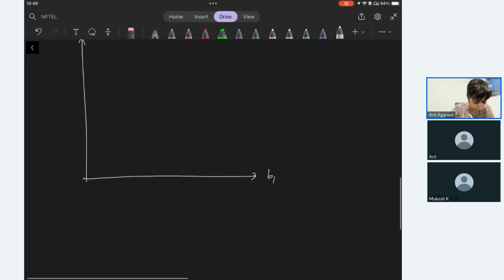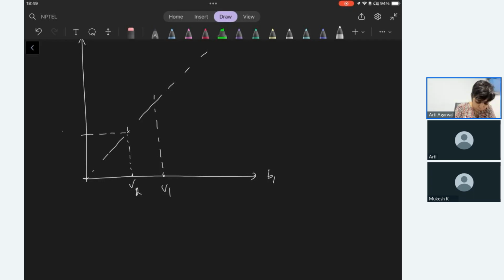What I'm plotting here is going to be a bit rough because it's not easy to get this perfectly in a manually drawn diagram. Just for explanation purposes, the proper diagram is there in the slides. This is your 45-degree line. It's not some important line, it's just a 45-degree line.